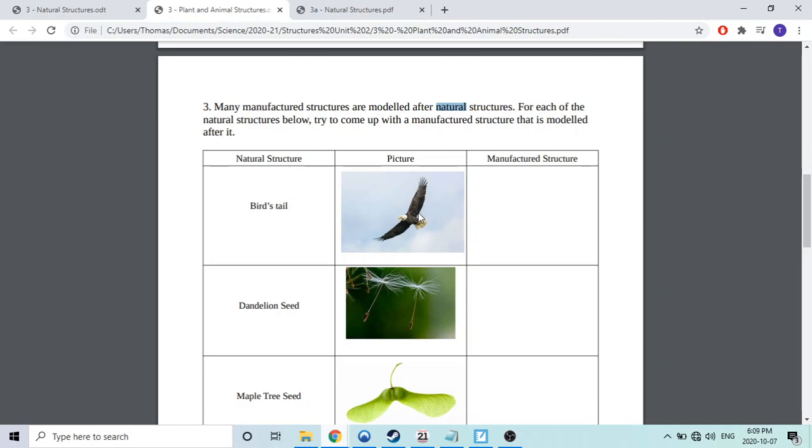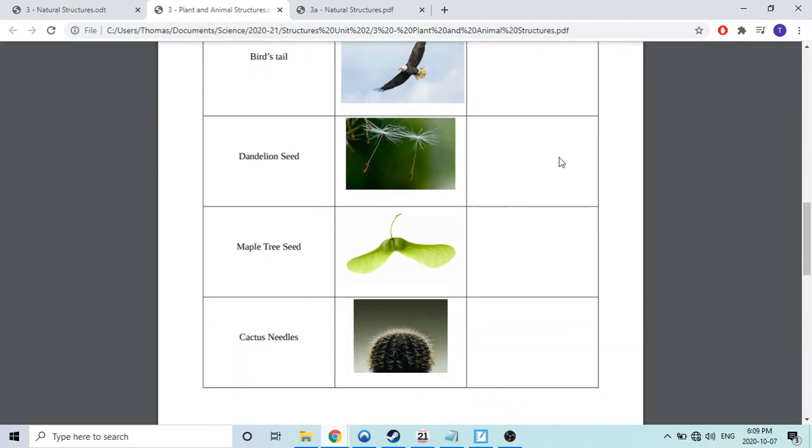So a bird's tail, what kind of looks like a bird's tail? I can think of a couple of things. Put it in here. How about a dandelion seed, right? What's something like a maple tree seed? Something that looks like this, right? Imagine it spinning. That's your hint for that one.